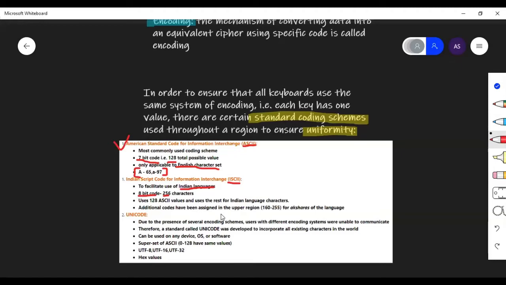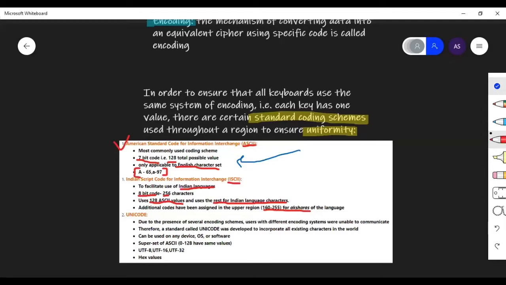And it uses the first 128 ASCII values. So basically the 128 ASCII values that are in the one above will be the first 128 for ISCII. And then additional codes have been assigned for aksharas of different languages. So in addition to the English characters, we've got characters for various Indian languages as well.